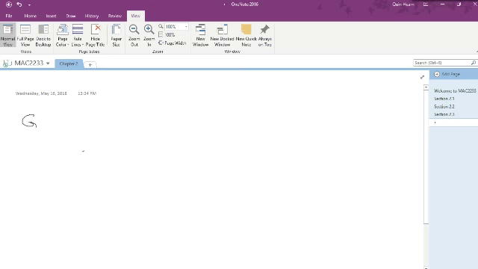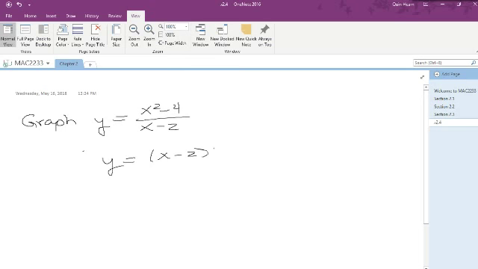So if I were to look at the graph of y equals x squared minus 4 over x minus 2, y is equal to (x minus 2)(x plus 2) over x minus 2. This is undefined when x is 2, so x is not allowed to equal 2, right? So assume, though, that x is not 2, then these divide out, right?